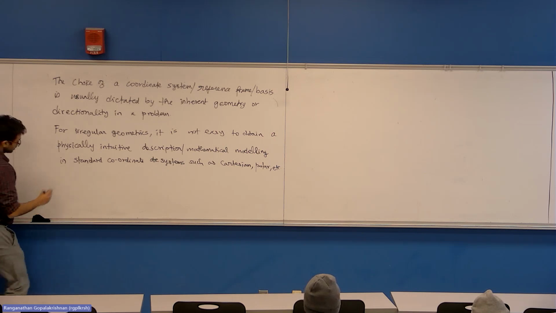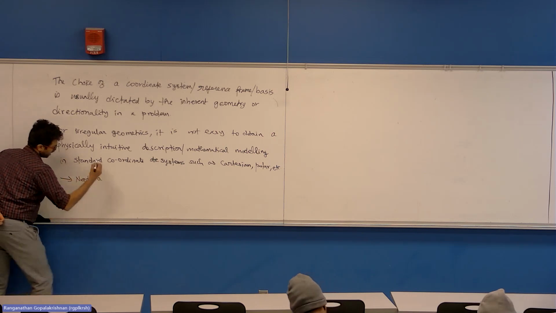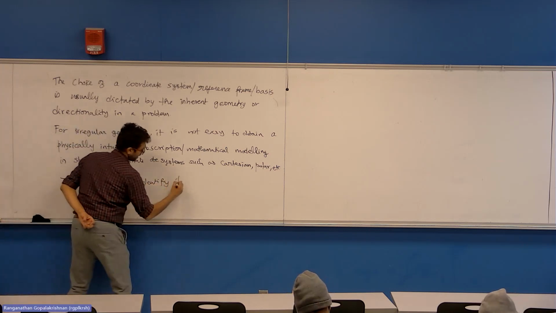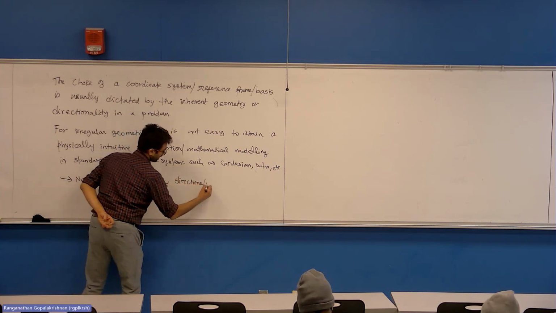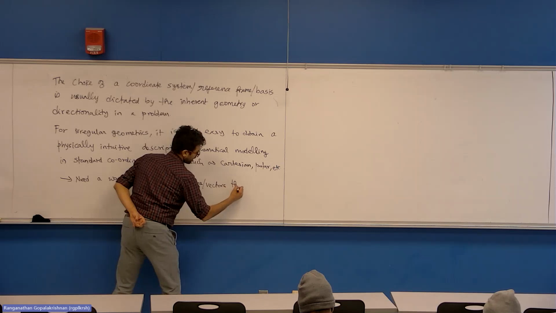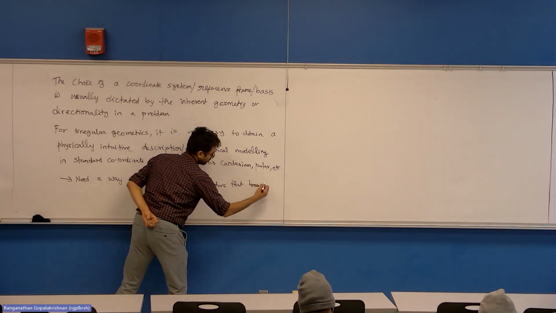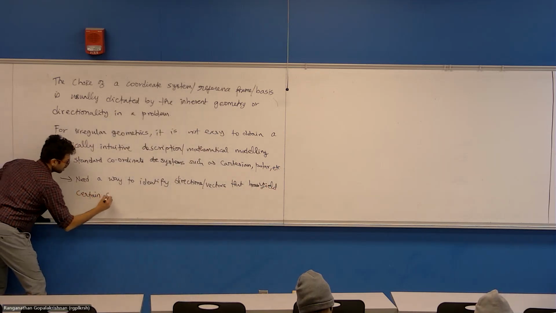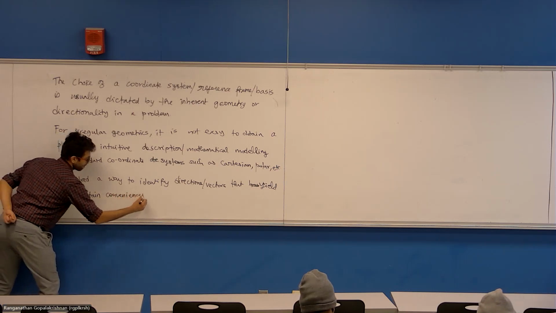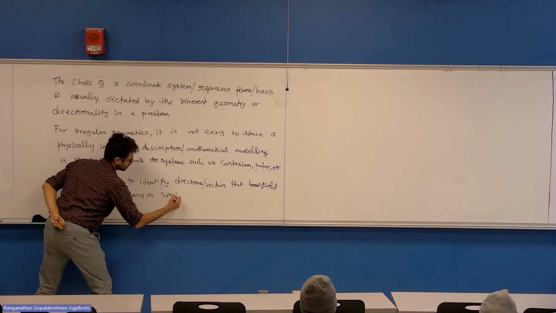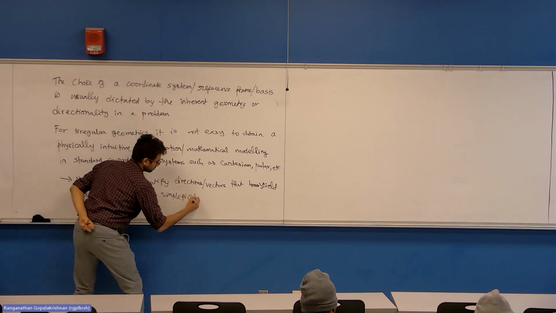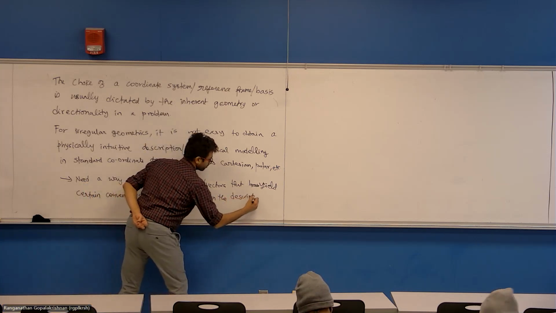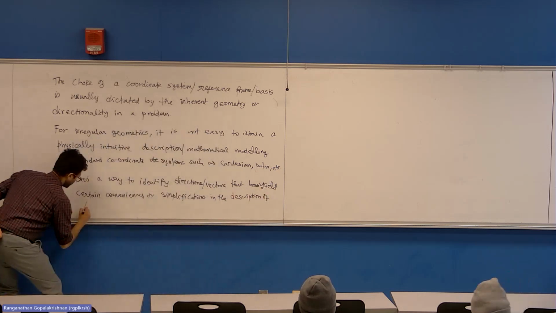So what we do in those instances, or what we need, is a way to identify directions or vectors that give certain conveniences or simplifications in the description of tensors.